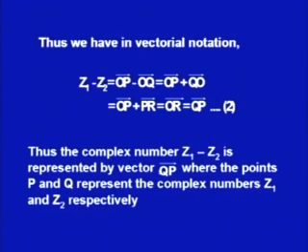So, the difference of the complex numbers z1 minus z2 is represented by the vector QP, where the points P and Q represent the complex numbers z1 and z2 respectively on the Argand diagram.